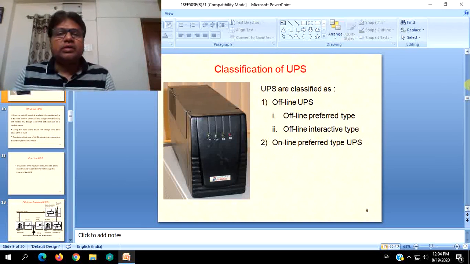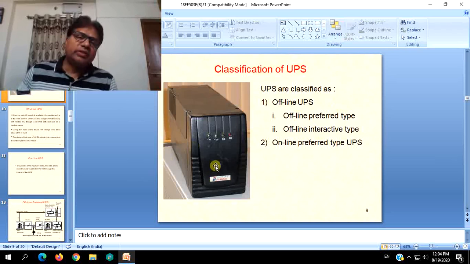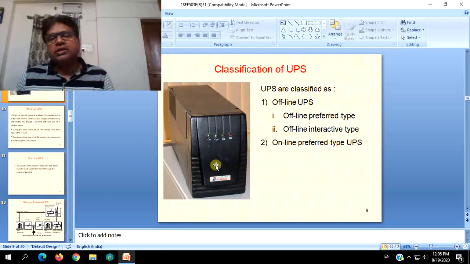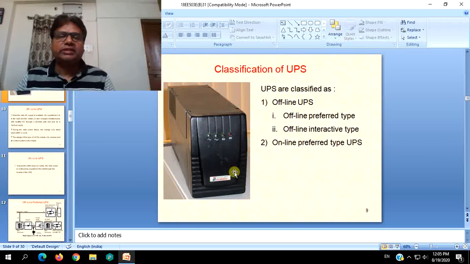Now we come to the actual usage and classification of UPS, and this is the figure which we witness in most of the household and even commercial and office equipment. It is a particular type of UPS which is always seen along with or beside a desktop computer.